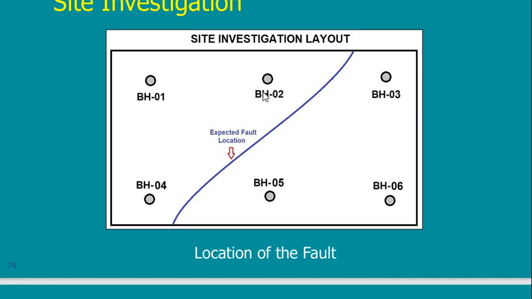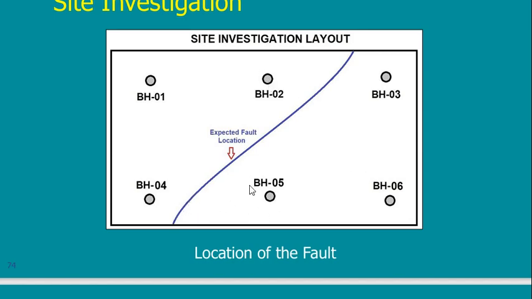It means that there is an expected fault in between. The same, if I take borehole 4 and borehole 5, I will find more or less the same items here as here, but in borehole 5 they are shifted below. So I expect the fault to be here, and so on.